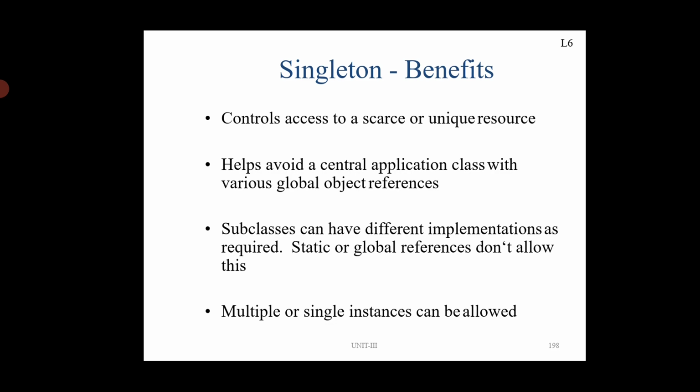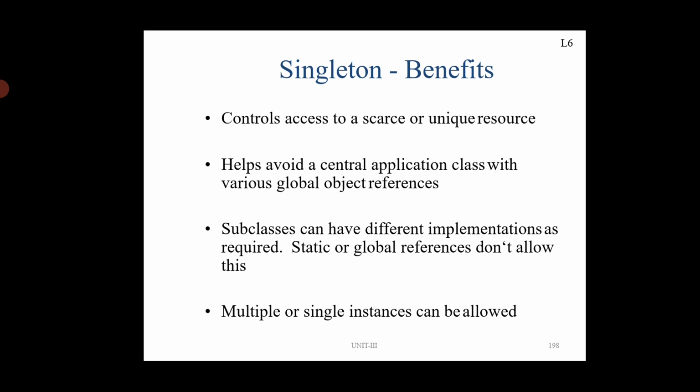Coming to the fourth key aspect of the singleton design pattern, we need to permit a variable number of instances. The singleton design pattern makes it easy to change your mind. It can allow more than one instance of the singleton class.